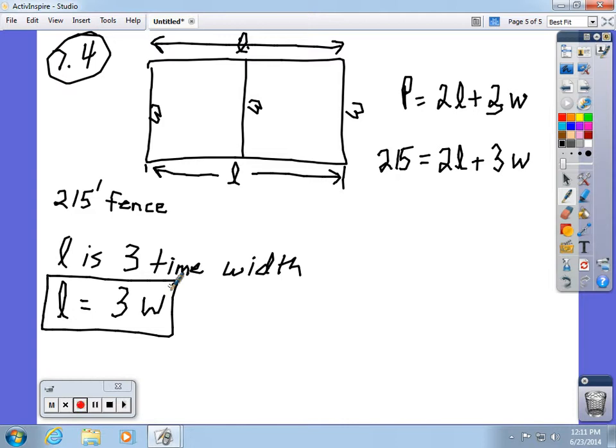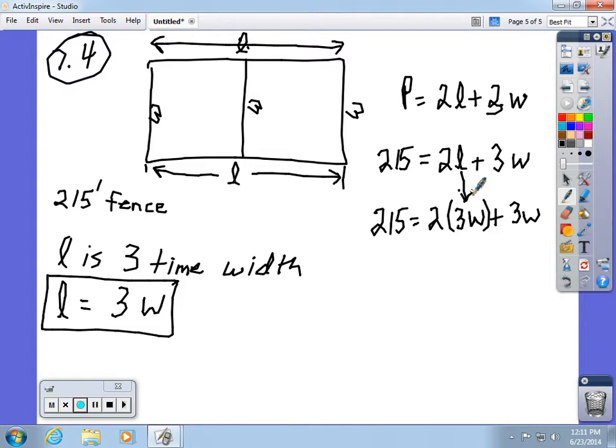Yeah, take that 3W and plug it in right here. So 215 is equal to 2 times 3W plus 3W. What did I do? I plugged the 3W in for what? L. Now this is the point you need to see right here.